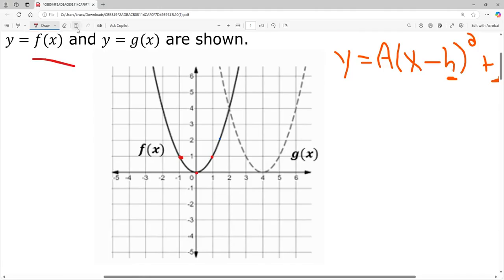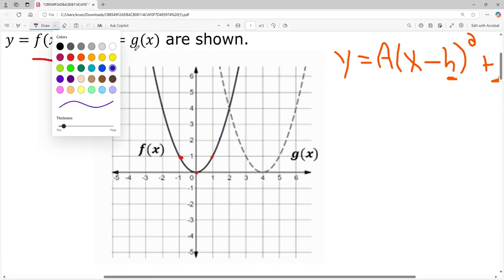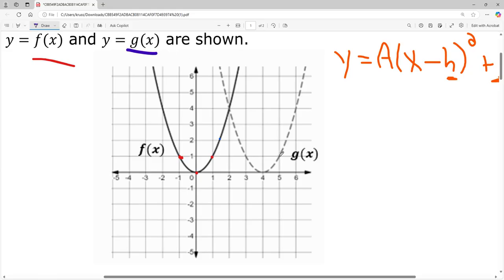This one's corresponding point on g sub x is right here, this one's corresponding point is right here, and this one's corresponding point is right here. So let's get rid of that confusing point. This point shifted from here to there, this point shifted from here to there, and this point shifted from here to there. And each one of these, the difference in x is 4, right? This is the delta x, right?